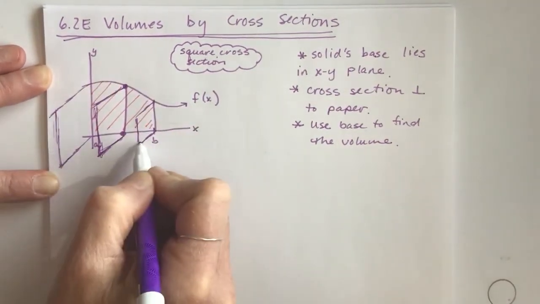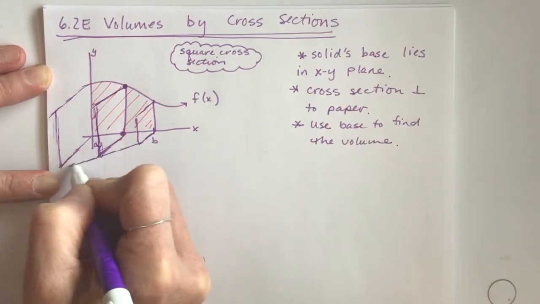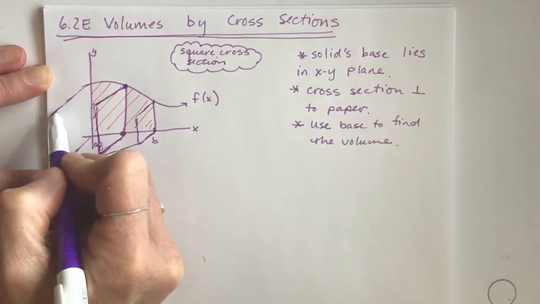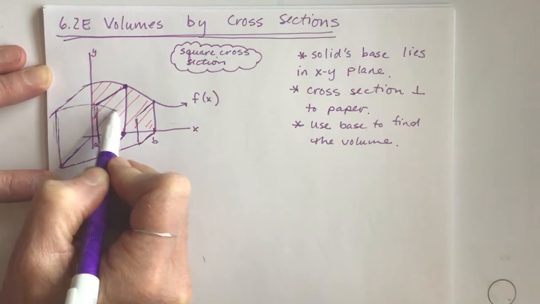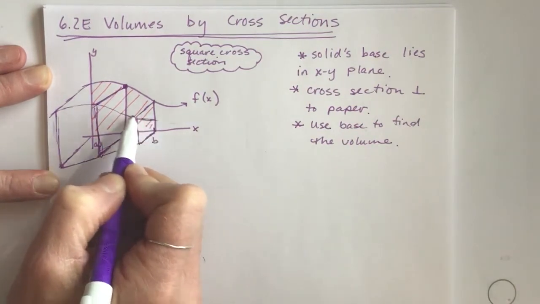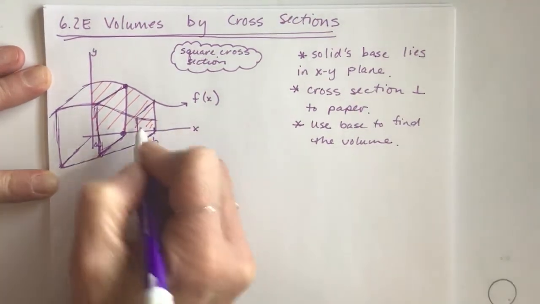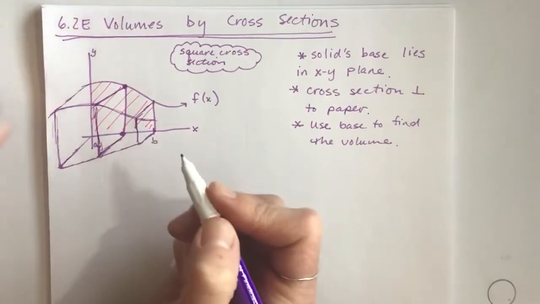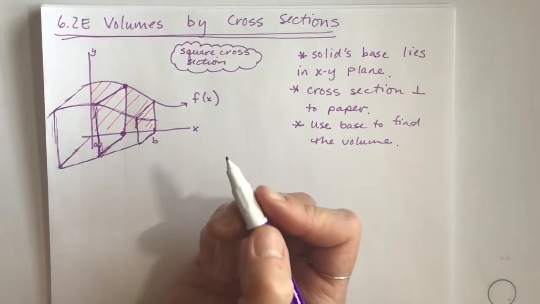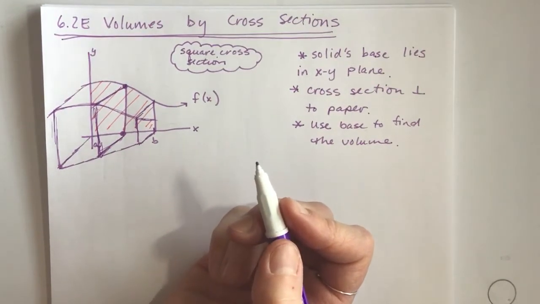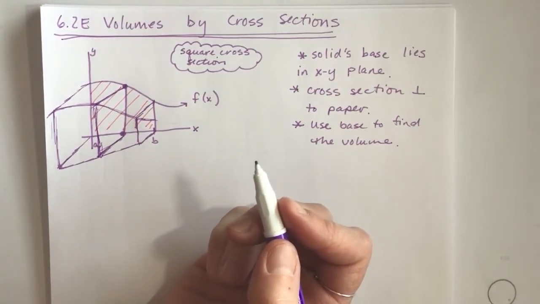There we go. So you can see the squares are getting bigger, and they're following the same shape. So hopefully you can imagine squares coming out of the paper like that.